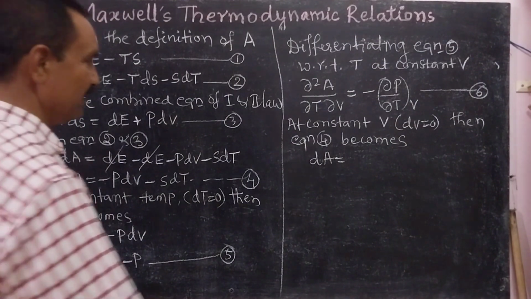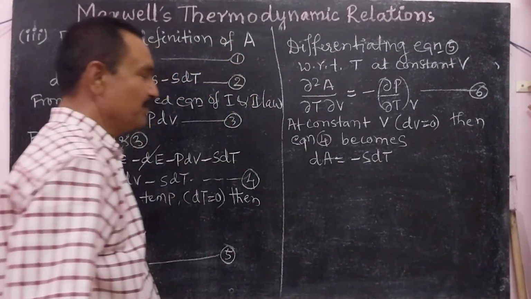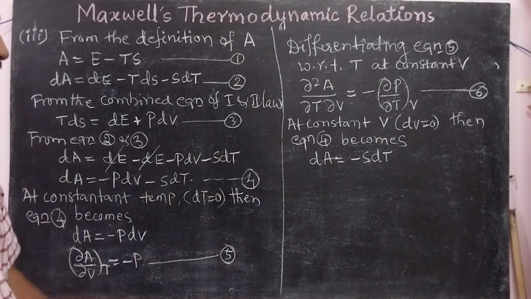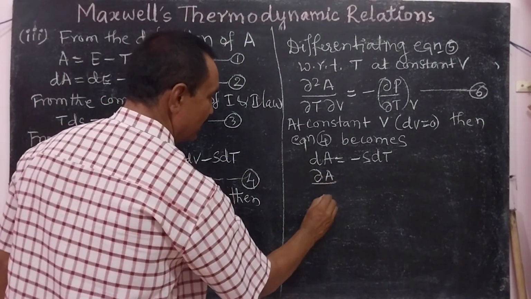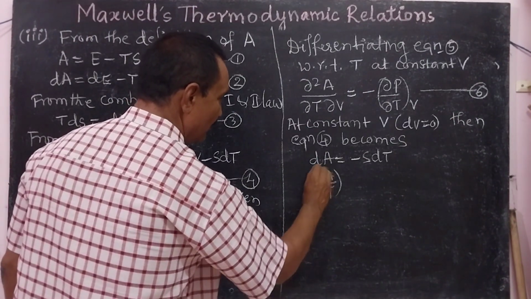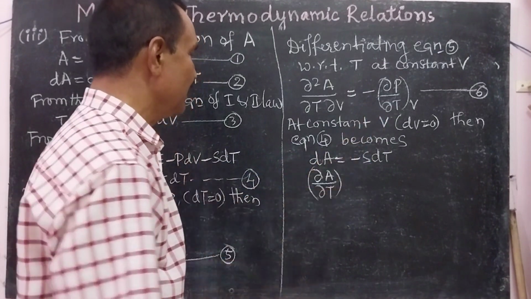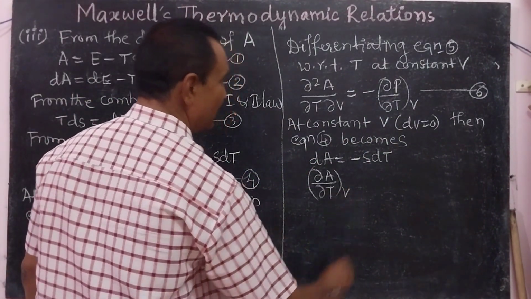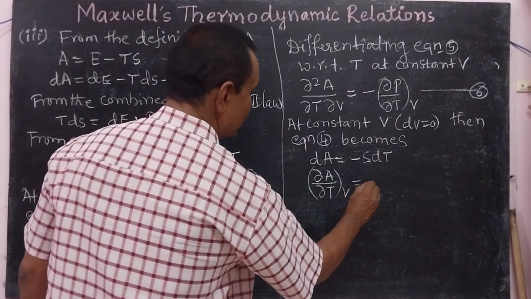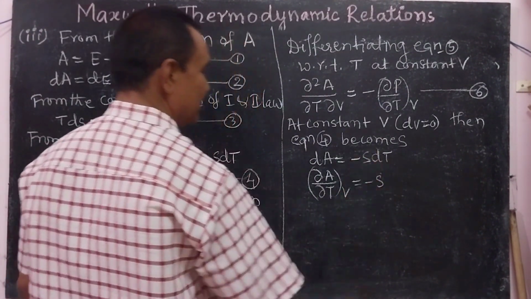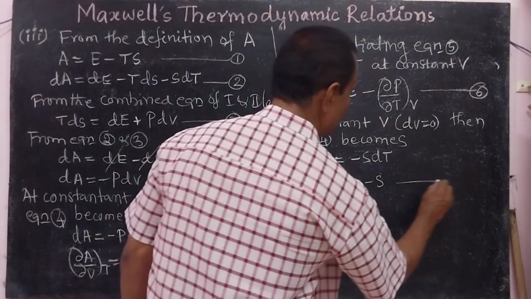On rearranging this equation, we get dou A divided by dou T at constant V is equal to minus S. Suppose this is equation 6.